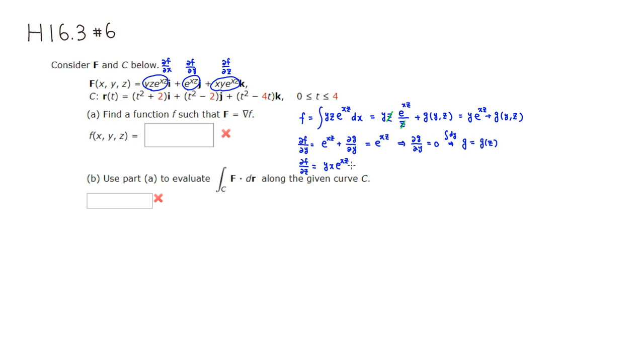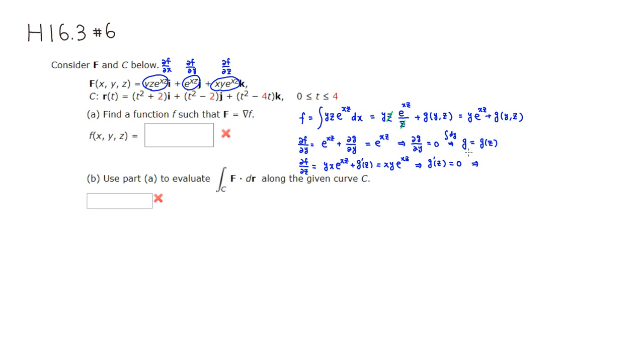Then we take the partial derivative of g with respect to z, so we have g prime of z. This has to be equal to xy e to the xz, which means that g prime of z is going to be equal to 0.